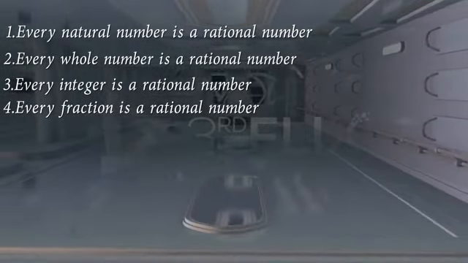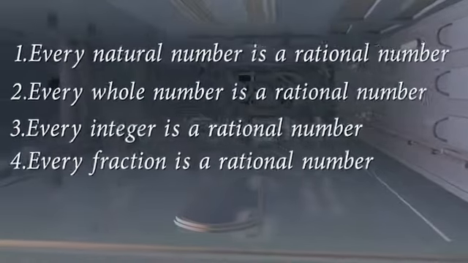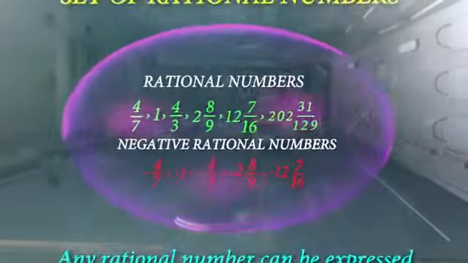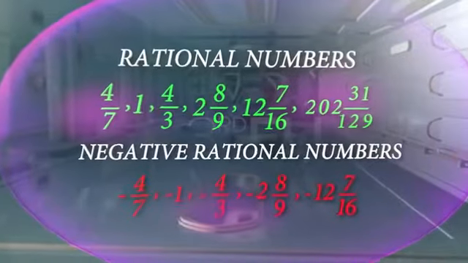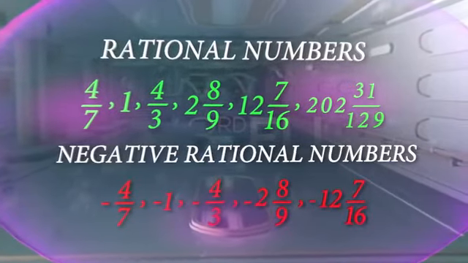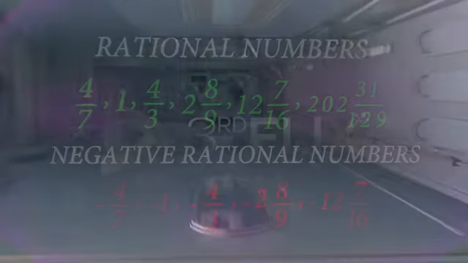Positive rational numbers. A rational number is said to be positive if its numerator and denominator are either both positive or both negative. Example: -11 by -13 and 7 by 12.